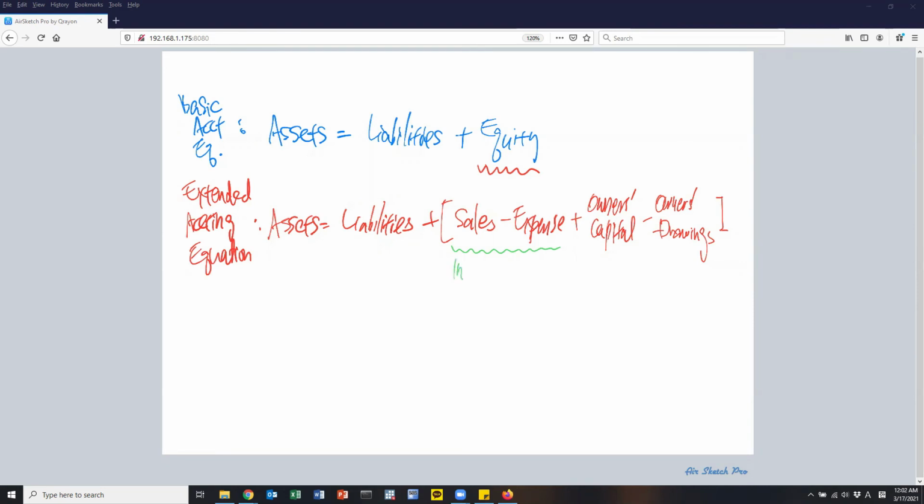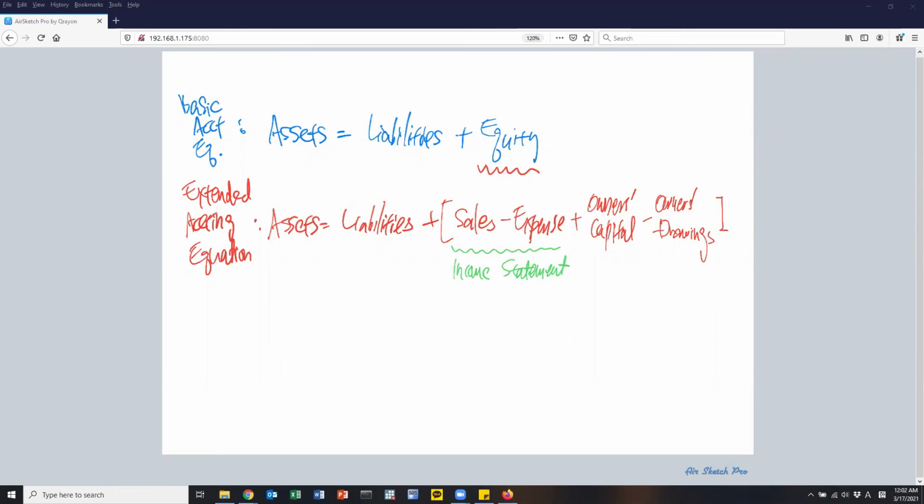That's exactly what the income statement describes over a certain period. It can be income for the year, for the month, or for a quarter, depending on what kind of information you want to provide for your investors, for the external users of the information. Okay?